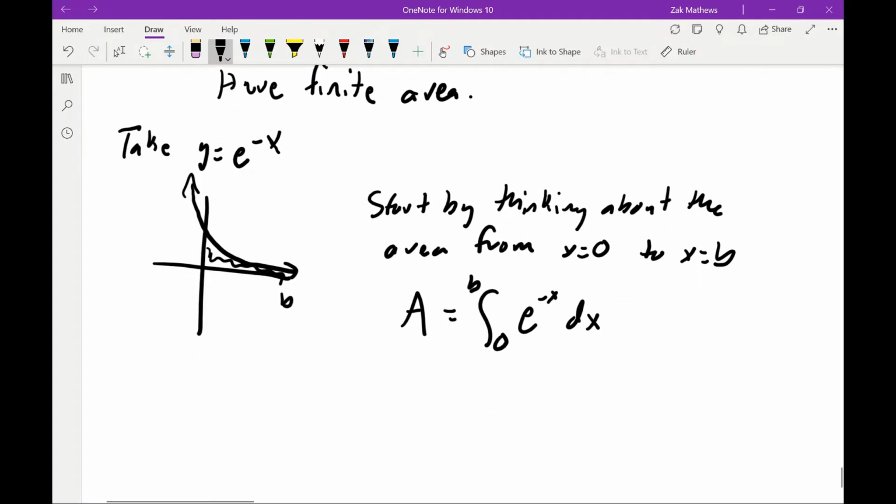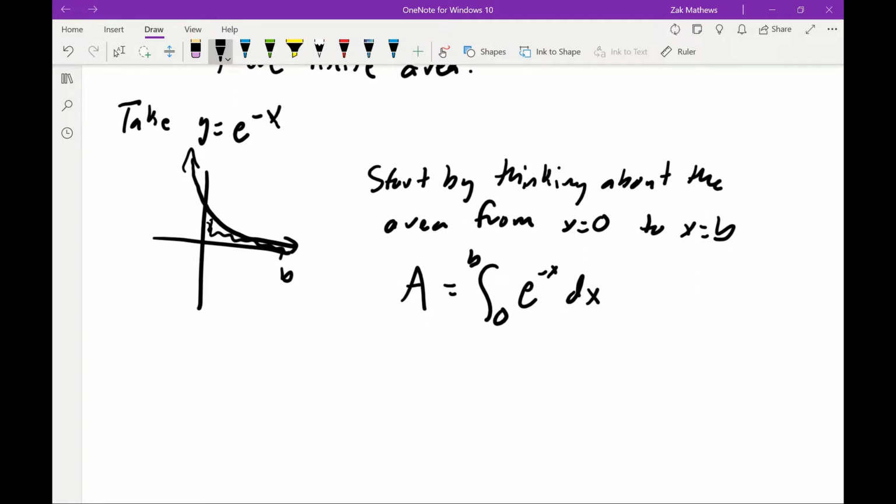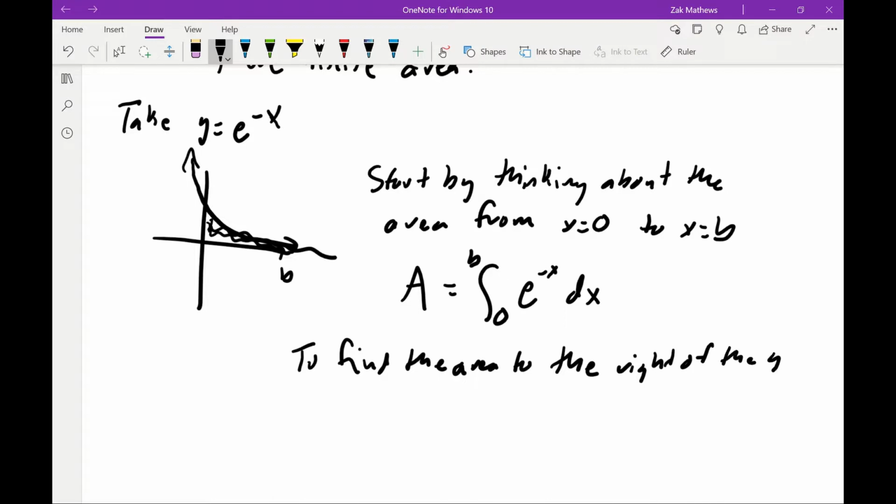But what we said we're really trying to do here is find the area of the infinite region, meaning it's going off to infinity. Well, what have we used that allows us to look at heading off to infinity? A limit. So now, to find the area to the right of the y-axis, we take the limit as that upper limit b goes to infinity.